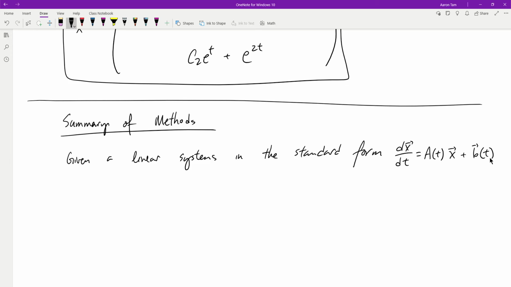We can try to solve this system with the following steps.